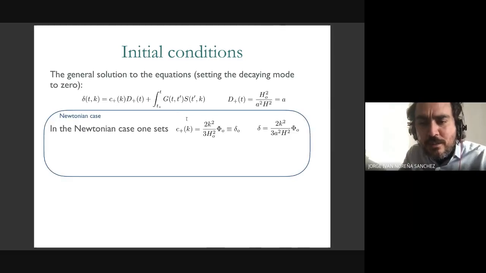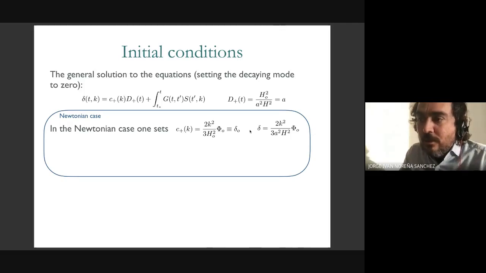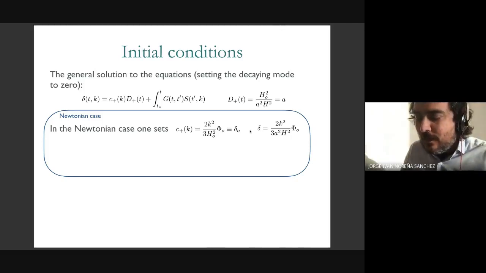So what you do Newtonianly is that you fix C plus using the linear initial conditions for delta, because nonlinearities are small at the initial time. But being more careful, since we want to compute small effects, because we are computing relativistic effects, we have to be more careful. And so why can you ignore the second order effects? Why are nonlinearities small at the initial time, even if they are large now?